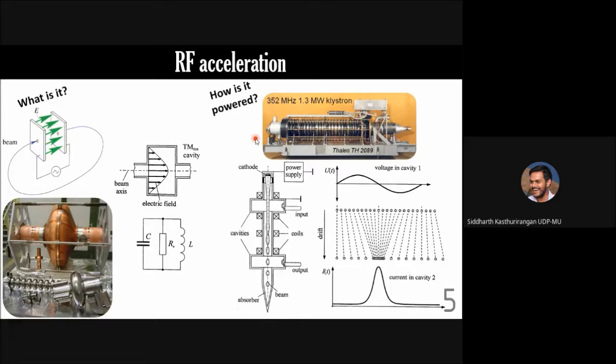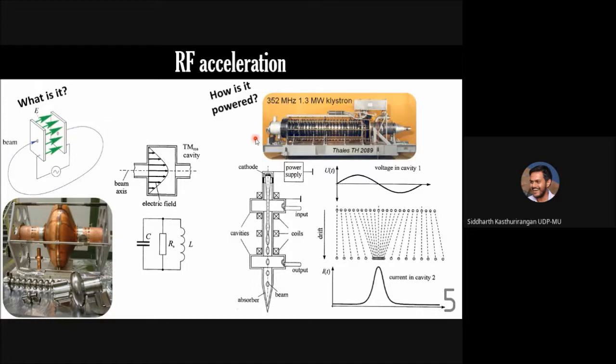For example, in BARC, there is a high energy accelerator which is under development, called the low energy high intensity proton accelerator. We'll discuss that particular accelerator at some stage during this course, but the purpose of describing it is that if you visit that accelerator, there is one large hall where the actual accelerator is placed, and there is a neighboring hall where all the power supplies are placed.